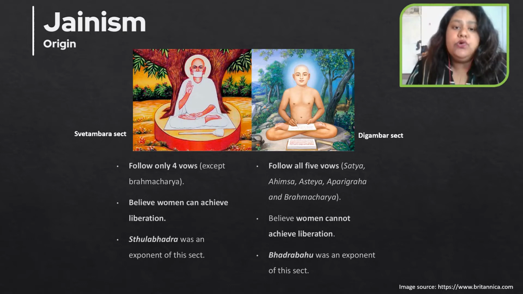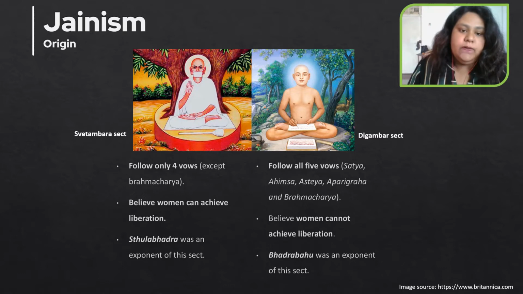Male monks do not wear clothes, while the female monks wear unstitched, plain white saris. They follow all 5 vows of Jainism, that is Satya, Ahimsa, Asteya, Aparigraha, and Brahmacharya. The Digambaras also believed that women cannot achieve liberation, and Bhadrabahu was the exponent of this sect.